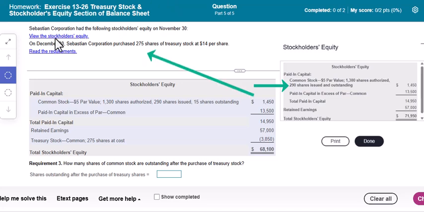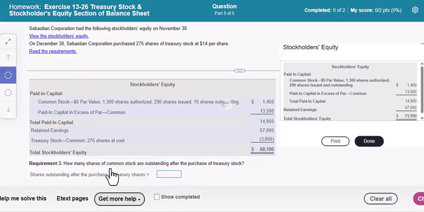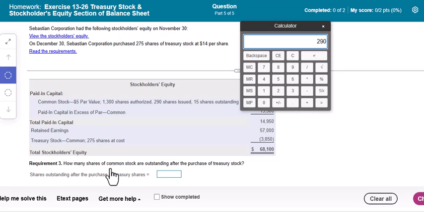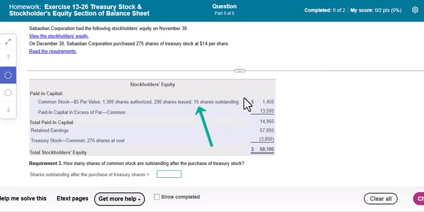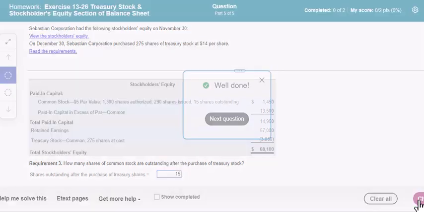So if we do some quick math, we get 290 minus 275, and that equals 15 shares outstanding. We also have that here. So 15 is our number of outstanding shares. Okay, and let's check our answer. Well done.